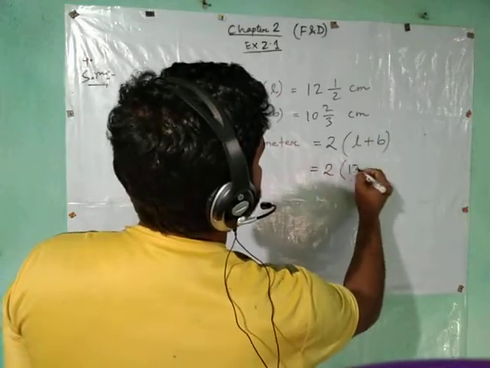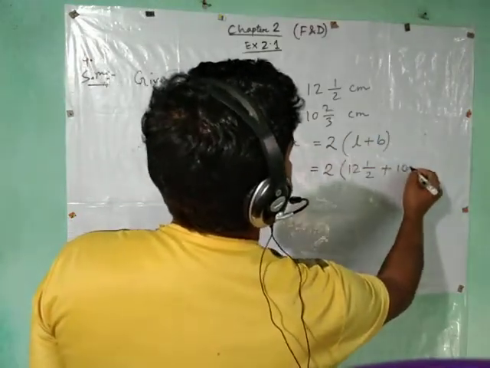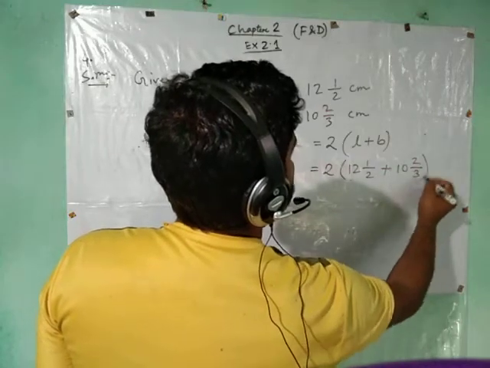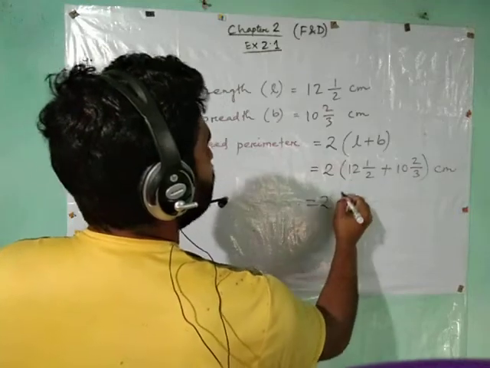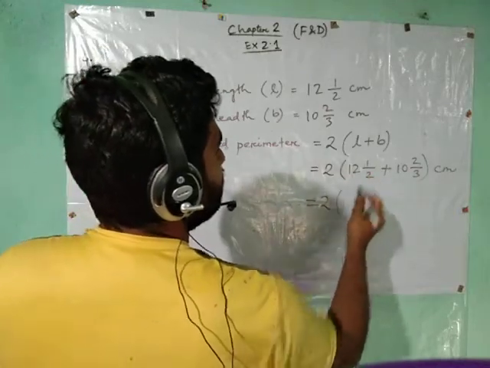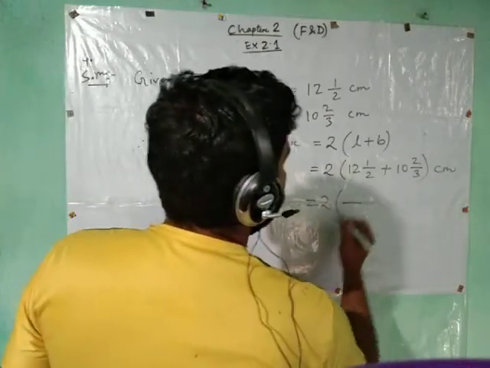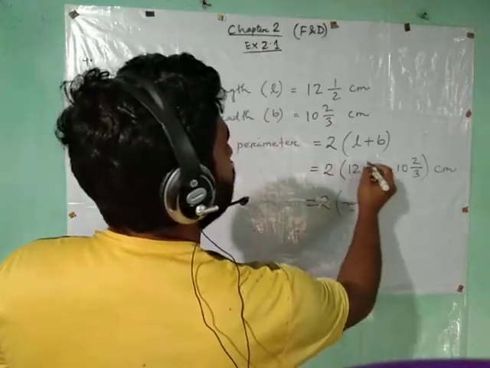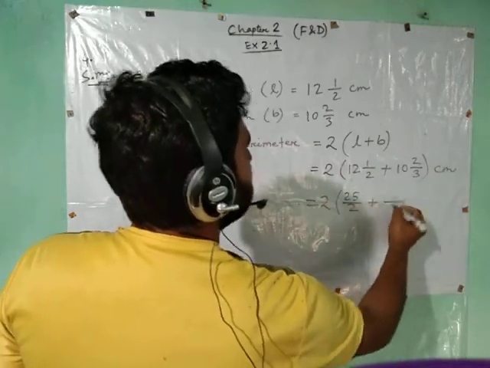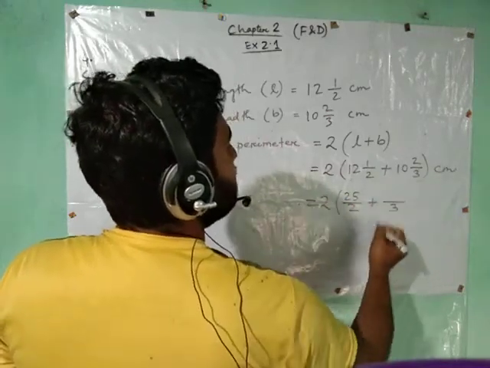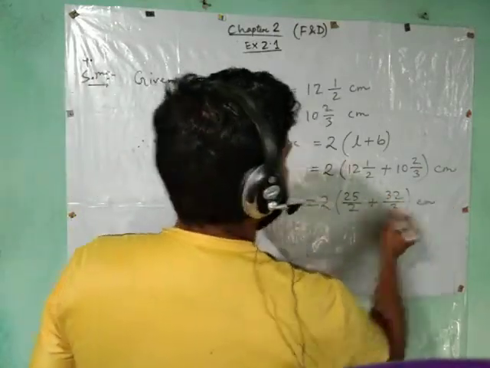What will be the value here? 12 1 by 2 plus 10 2 by 3, and it is centimeter all this. Now 2 into, convert this into improper fraction. 2 in the denominator. 2 12s are 24 plus 1 is 25, plus 3 10s are 30 plus 2 is 32, centimeter.